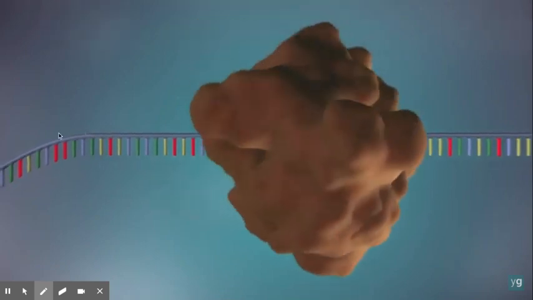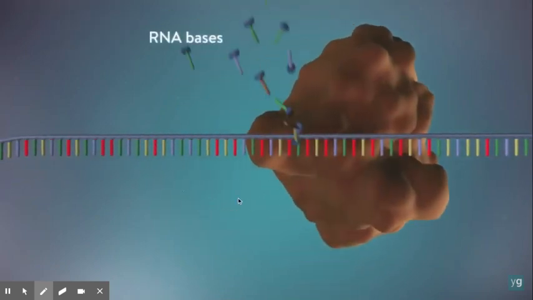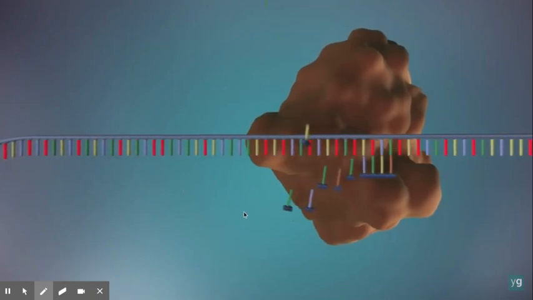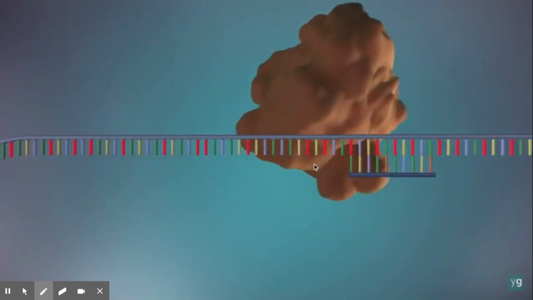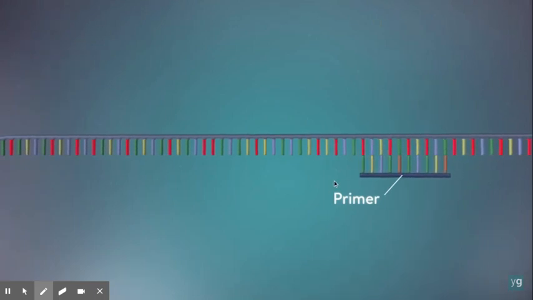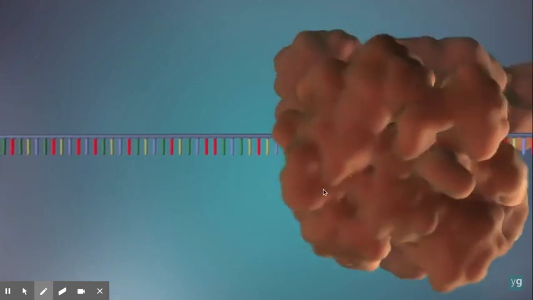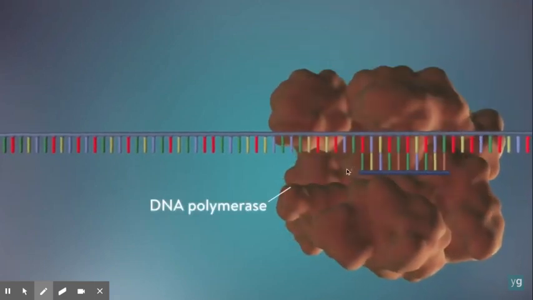So this was the top strand, okay? Don't worry about primase. This is a primer. This is going to tell the DNA where to start copying. Okay, we don't really need to know that great a detail right now. But a primer tells the polymerase where to start copying from. Okay, because sometimes we don't want to copy the entire thing. Sometimes we only want to copy portions of it.